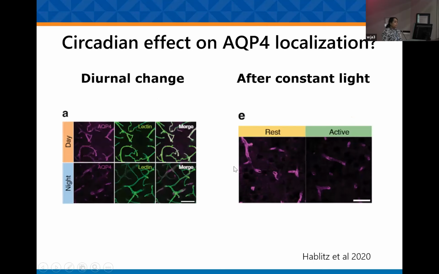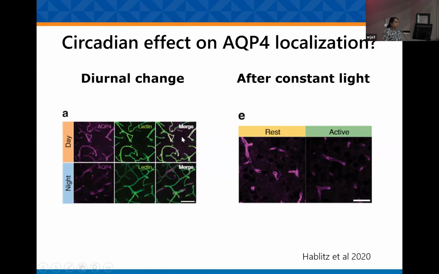So is there a circadian effect on aquaporin 4 localization? Again, I think this was radio-labeled rather than a tracer. You can see here on the left picture there's aquaporin 4 and then lectin.